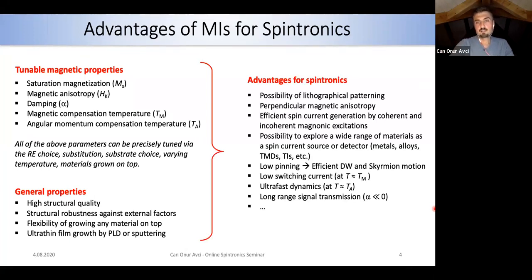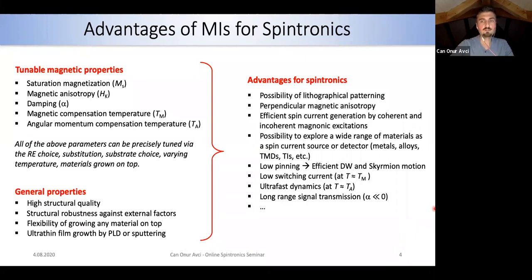For instance, it gives us the possibility of lithographical patterning because they are ultra thin, on the order of a few nanometers, maybe 5 or 10 nanometers. You can also obtain and tune the perpendicular magnetic anisotropy, which is very suitable for spintronics. You can get efficient spin current generation by coherent magnons or incoherent magnonic excitations, like the spin-Seebeck effect or spin pumping.